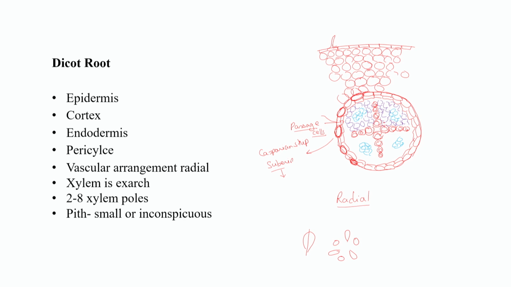Here you see the xylem and the phloem, and in between them the filled tissue is known as conjunctive tissue. In this also you have exarch arrangement of xylem, which is very important, because in this case metaxylem will be in the center and protoxylem on the outer side.